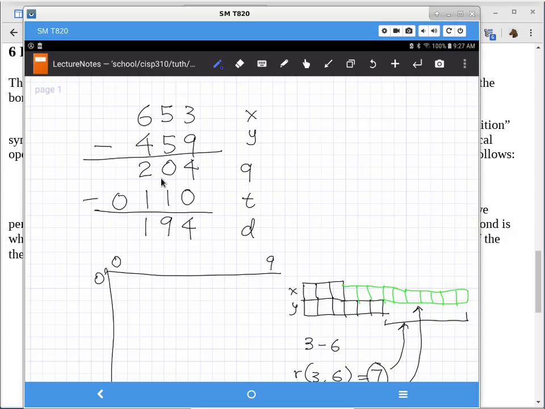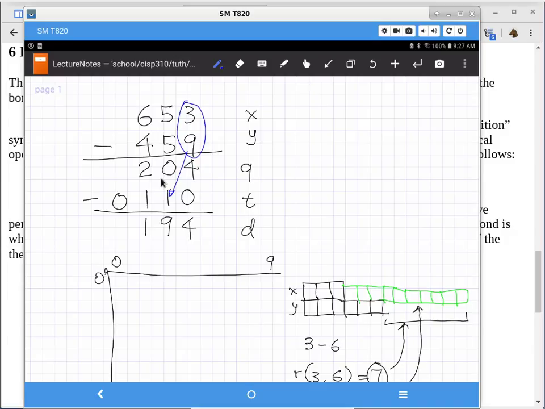The 3 minus 9 contributes to this borrow. There's a lag again. It's really, really laggy. So one source of a borrow is when we subtract y from x.